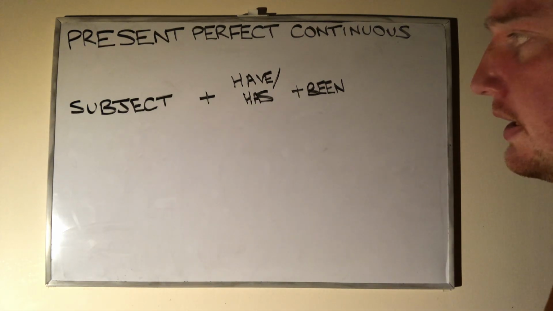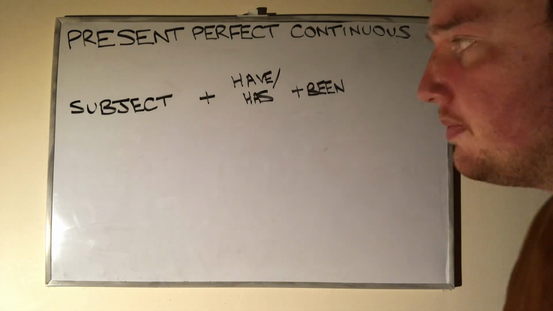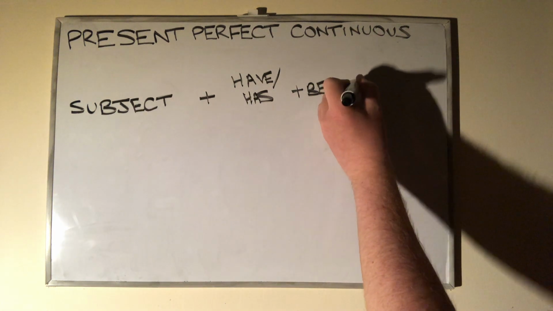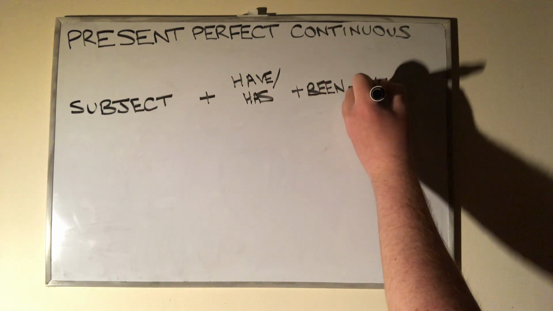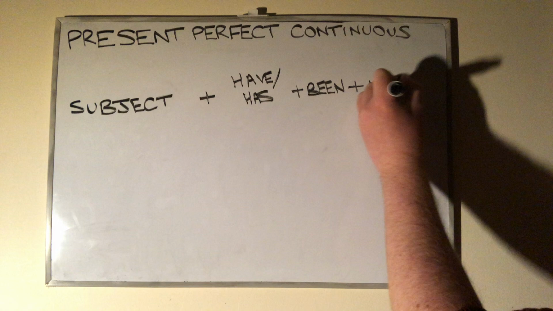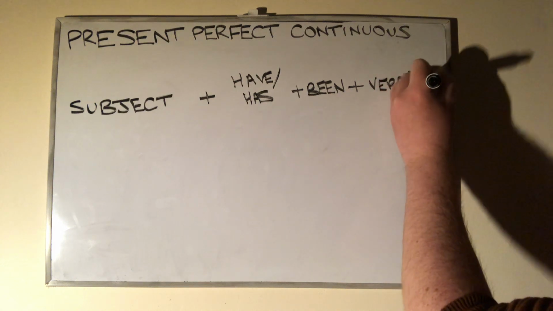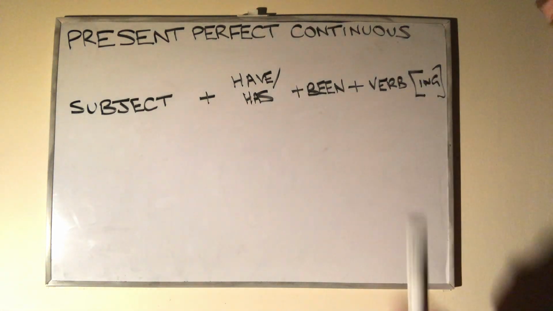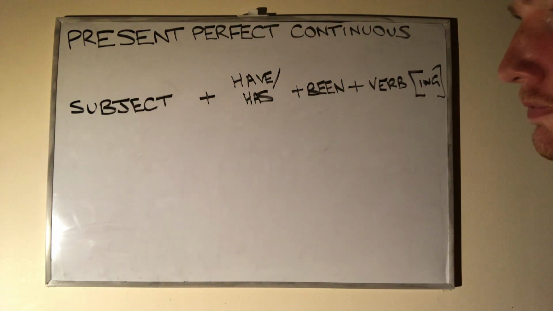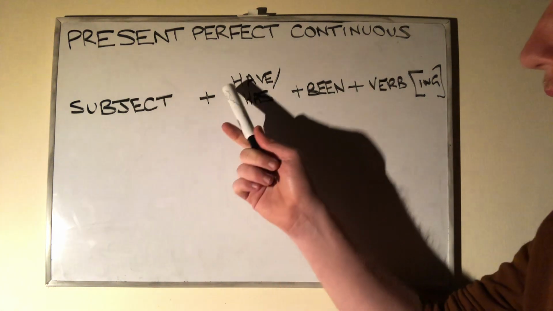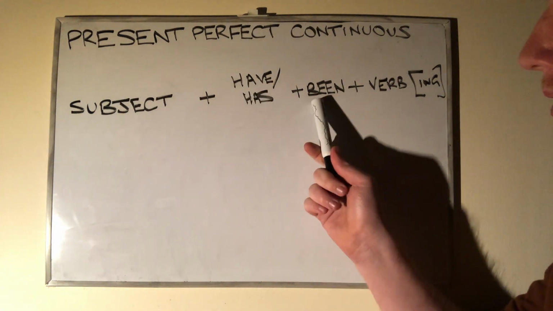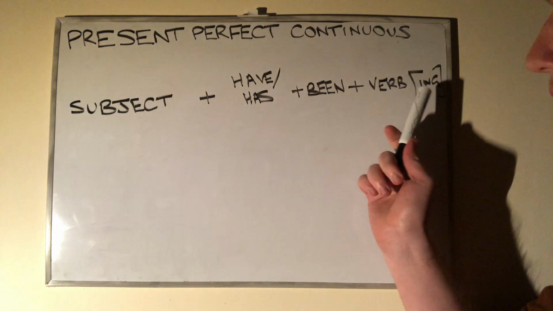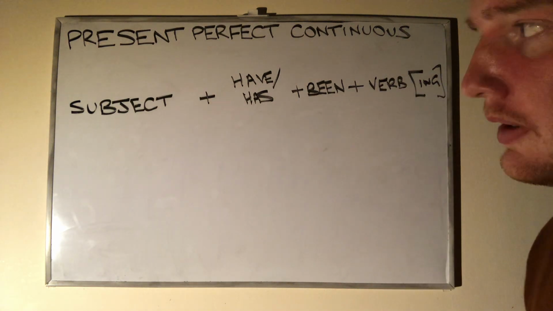Which is the past participle of the verb to be. And then we use the continuous form of the verb with the ing suffix. Okay, so subject, have or has, plus been, plus verb, and ing suffix.